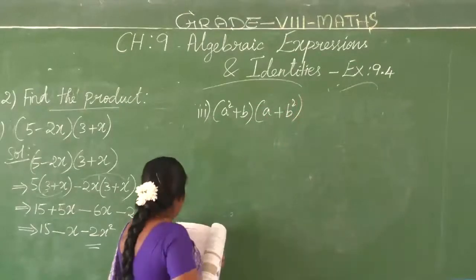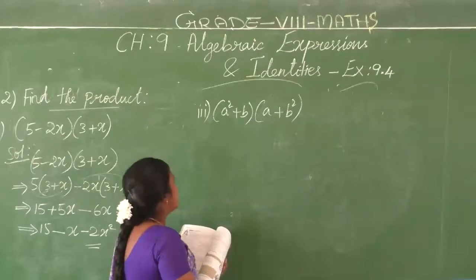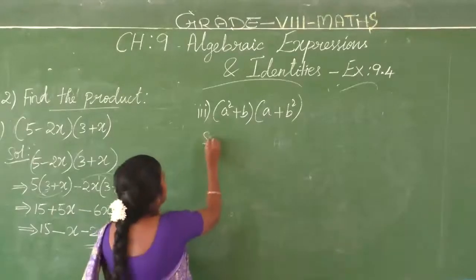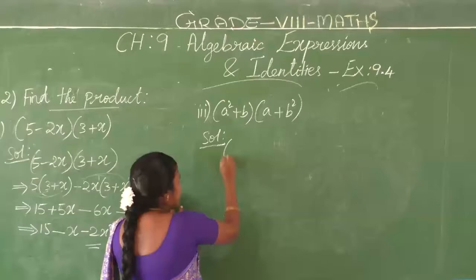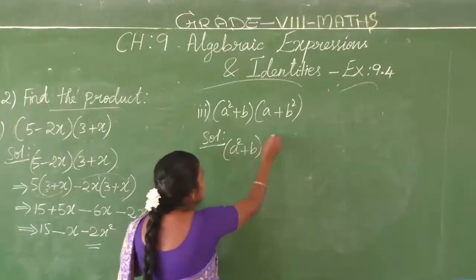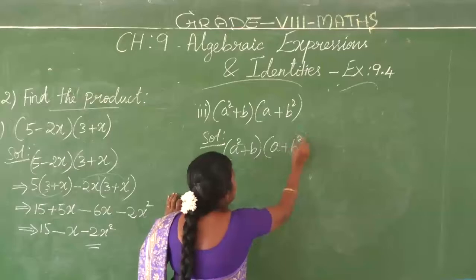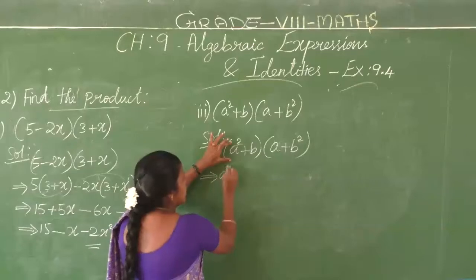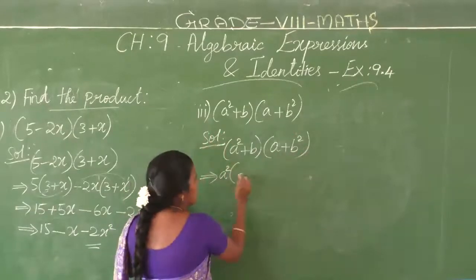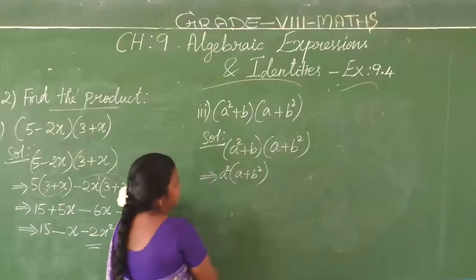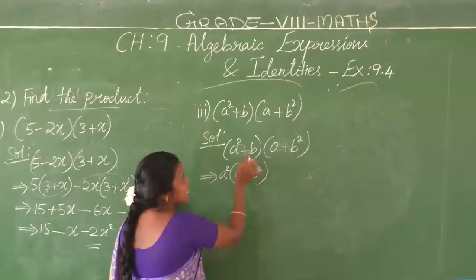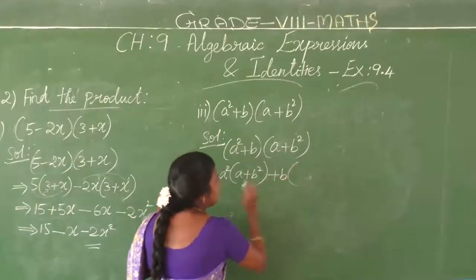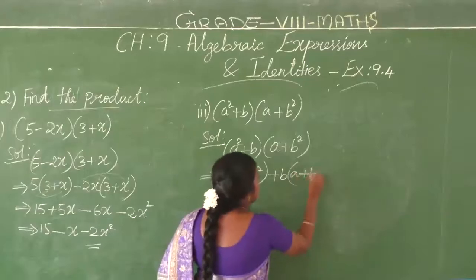What is given? a square plus b into a plus b square. How to multiply? What to do? See, take down first, a square plus b into a plus b square. Okay, here take the first part, a square, into the whole second binomial, a plus b square. Come to what to do next? Take the second part of the first binomial, plus b into the whole, a plus b square.